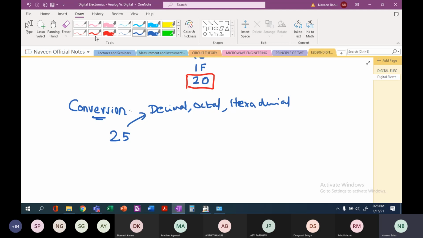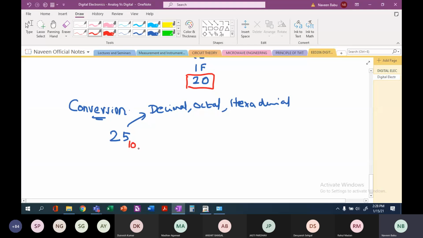So in order to identify, whenever you write a number, we will write their base at the bottom as a suffix to this particular least significant number or the ones position. So if I represent that this 25 belongs to a decimal number system, then I always write that the base of decimal is 10.